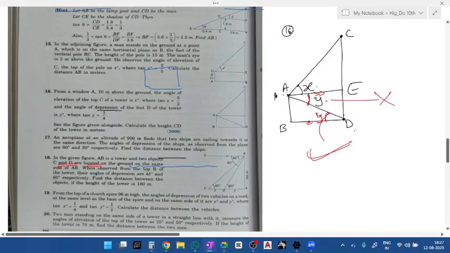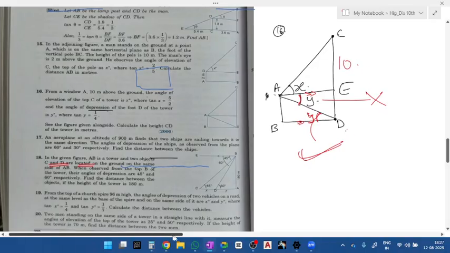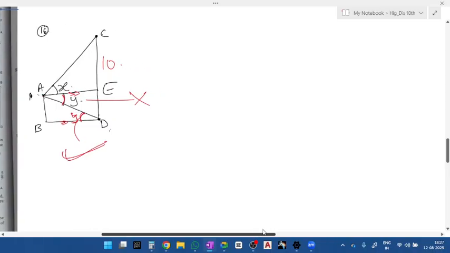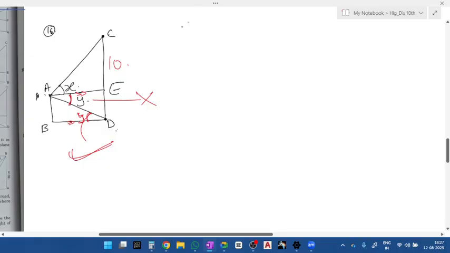A is above the ground. So the value of CE will be 10. Okay, the value of CE will be 10. Now tell me what are the two right angles we have here?